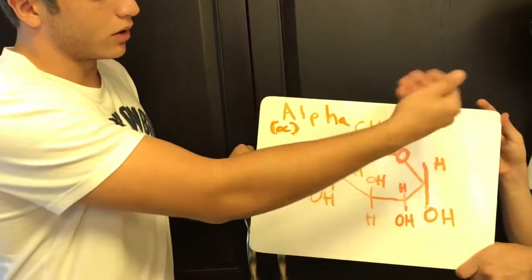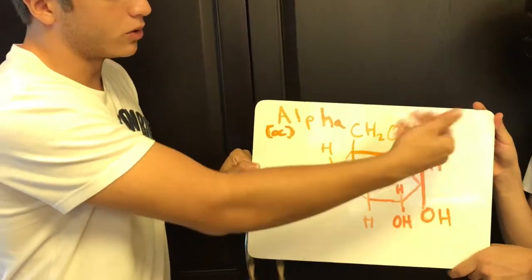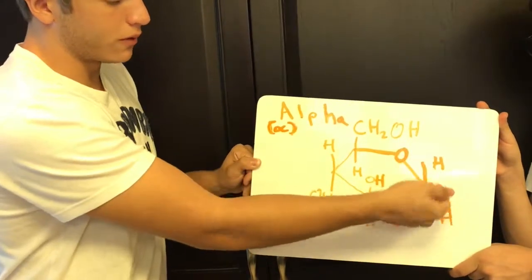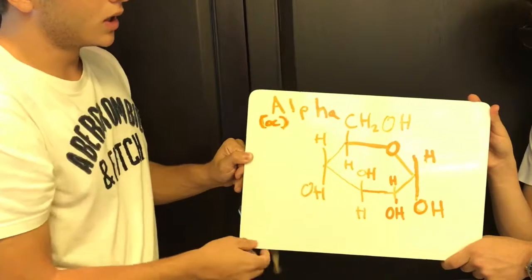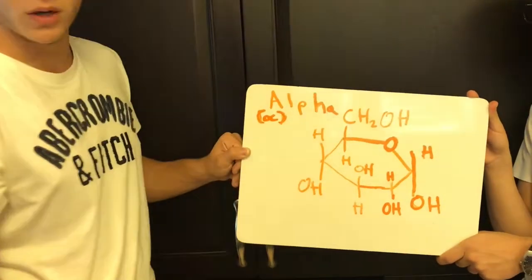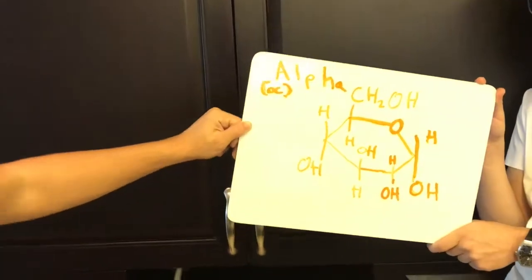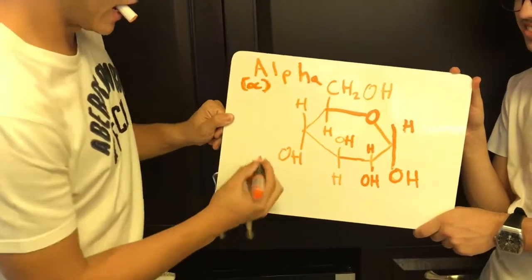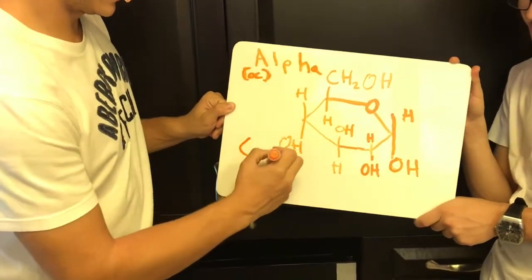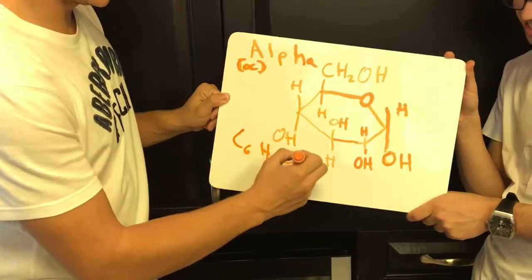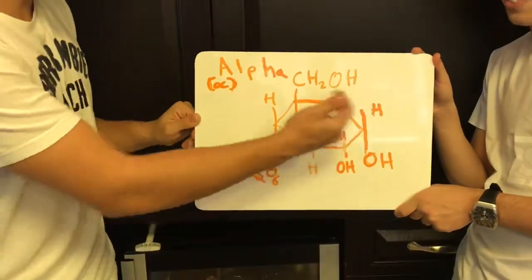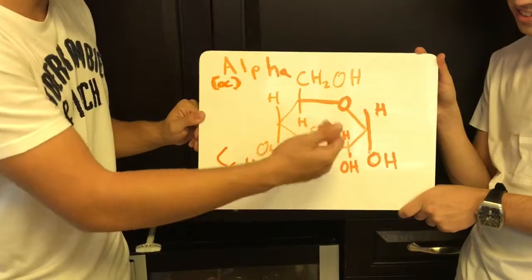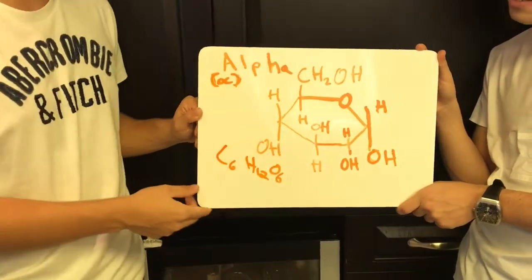You can usually find numbers next to the carbons, labeled as the first carbon atom, the second, the third, the fourth, the fifth, and the sixth, as in the chemical formula of glucose, C6H12O6: six carbon atoms, twelve hydrogen atoms, and six oxygen atoms.